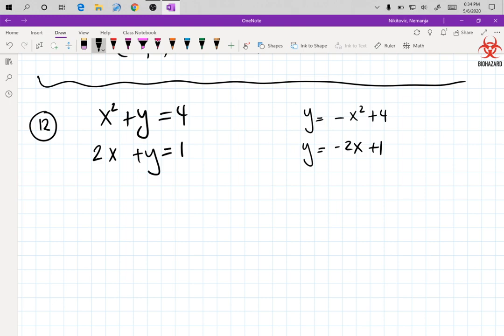So these are my equations. This is a parabola opening downwards like that, and this is a linear line that falls to the right because it has a negative slope. So what can you expect from this configuration?